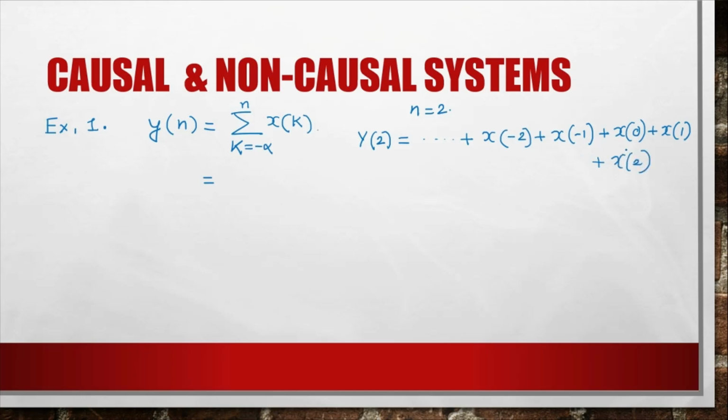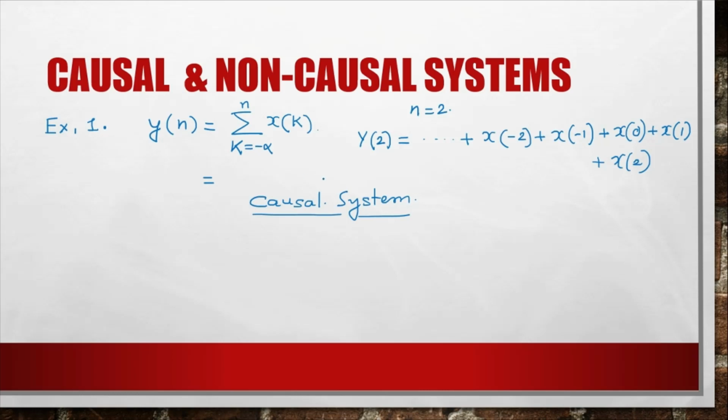So all the values you are getting here are previous values. That means this system is a causal system.